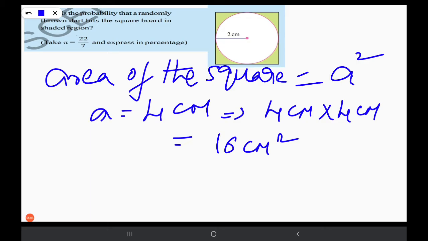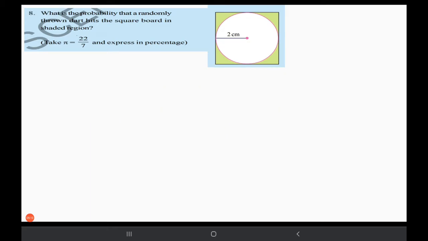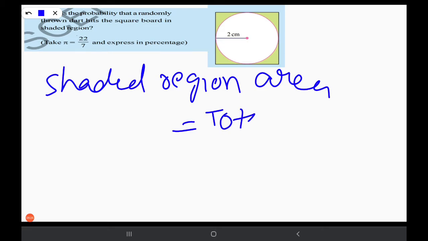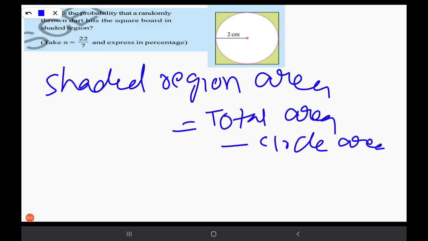So what is that shaded region area? Shaded region area is total area minus circle area.